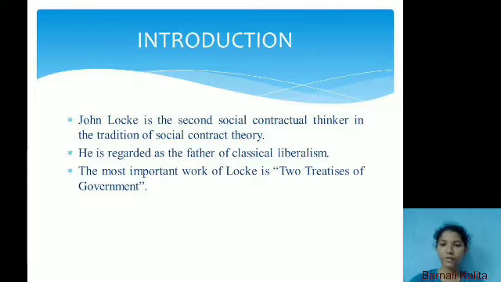He is also regarded as the father of classical liberalism because he started with all the premises of classical liberalism, that is, all men are free, equal and rational, and he also ended with the principles of classical liberalism, that is, a constitutional monarchy. So from this perspective, he can be regarded as the father of classical liberalism.